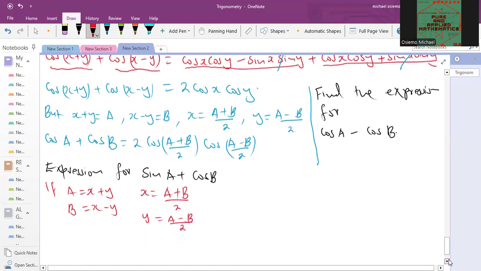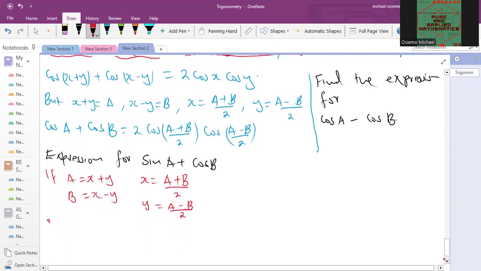Now again we expand this to say that sin A, which is sin of x plus y, plus cos B, which is cos of x minus y. This will be equal to what?